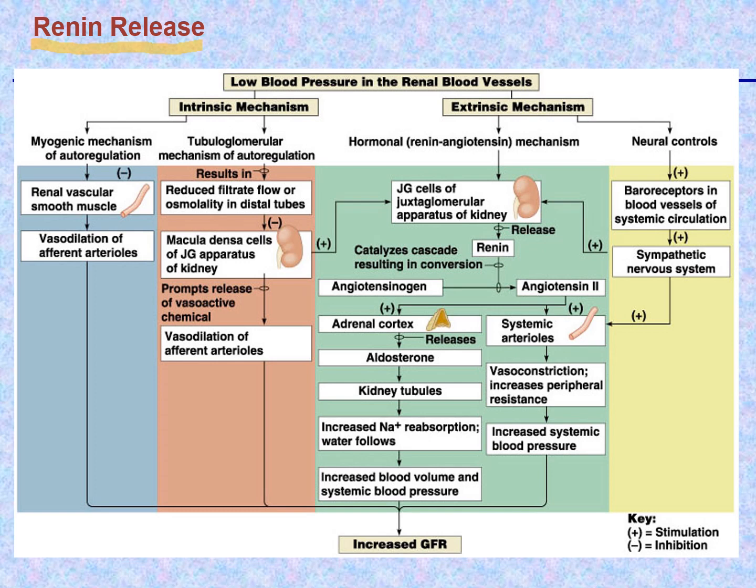What's described here in this flow chart is regulation of the glomerular filtration rate when blood pressure is too low. And I remind you, if blood pressure is too low in the renal blood vessels, the afferent arterioles, then the net filtration pressure will be too low, and therefore the GFR will be too low, and therefore the formation of filtrate will be too low, and so the fluid in the filtrate is going through the tubular system and too much of it's getting reabsorbed.